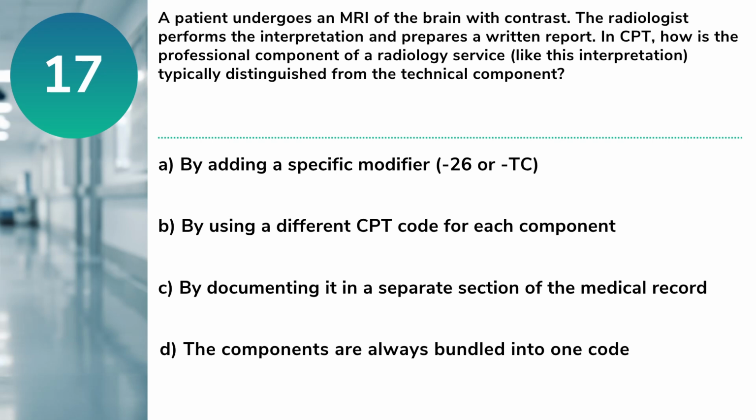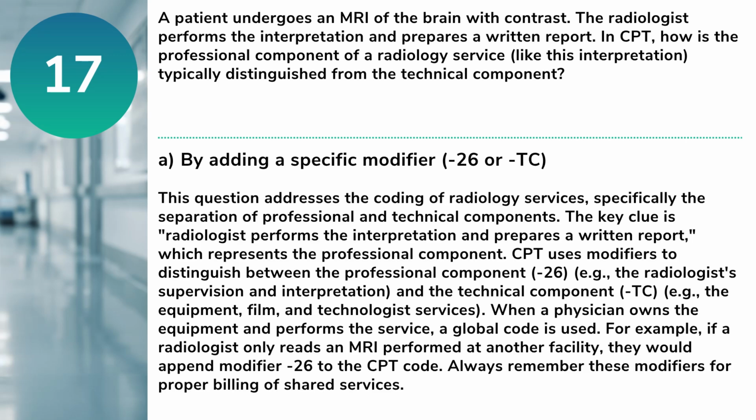B. By using a different CPT code for each component. C. By documenting it in a separate section of the medical record. D. The components are always bundled into one code. Answer: A. By adding a specific modifier, -26 or TC.